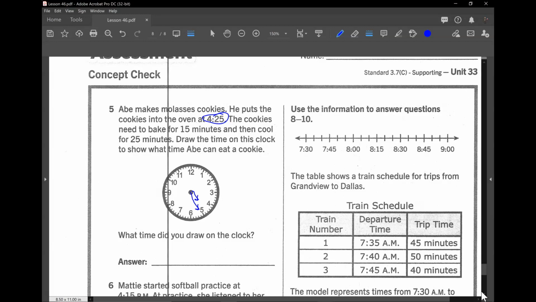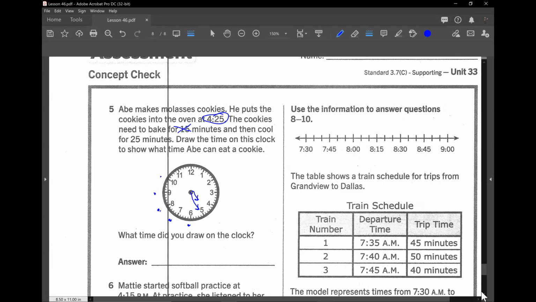The cookies need to bake for 15 minutes, so I'm going to count 15 minutes. So 5, 10, 15. Now, they need to cool for 25 minutes.